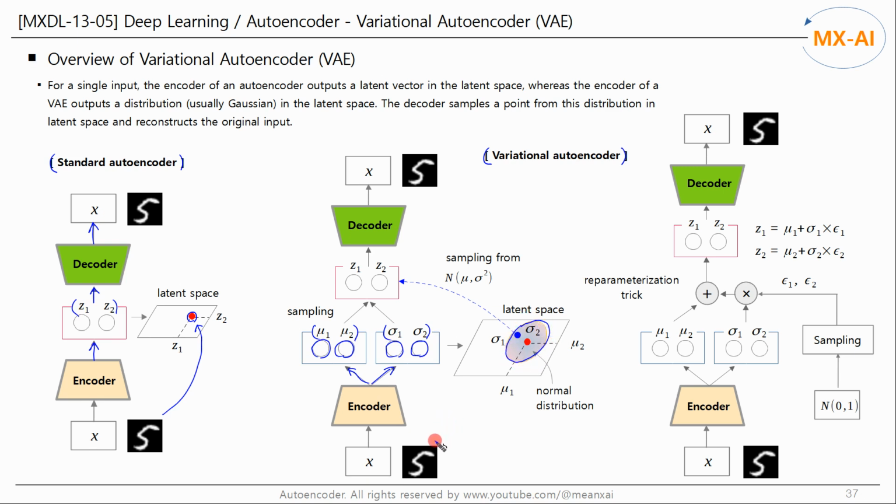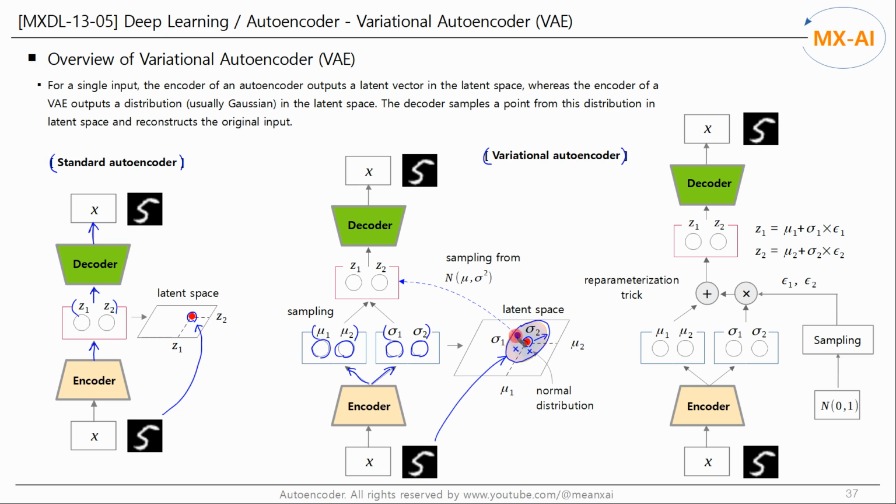In this example, the MNIST image of the digit 5 is mapped to a two-dimensional normal distribution in the latent space. That is, any point in this area could be a latent representation of the digit 5. A latent vector located at the center of the distribution is most likely to be the digit 5, and the further away from the center it is, the less likely it is to be the digit 5.